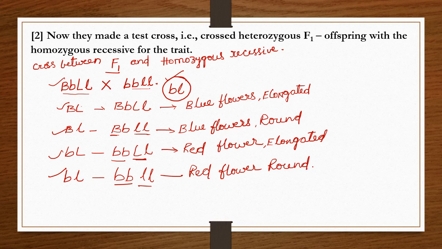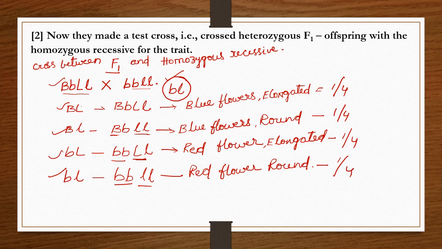So if you compare these four individuals, one is blue flowers with elongated pollen grains, one is blue flowers with round, one is a red flower with elongated, and one is a red flower with round pollen grains.